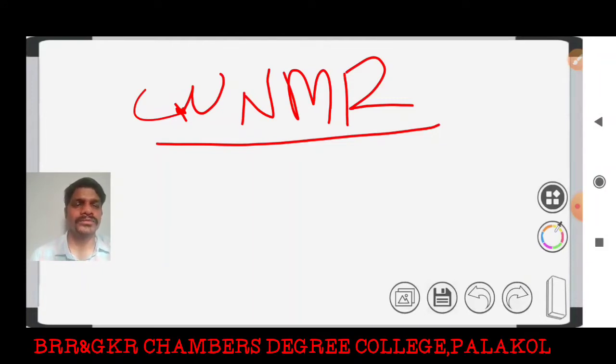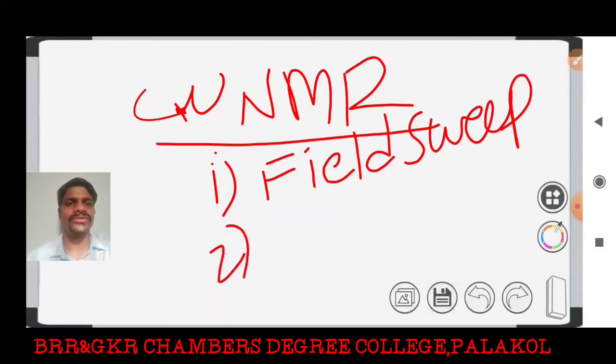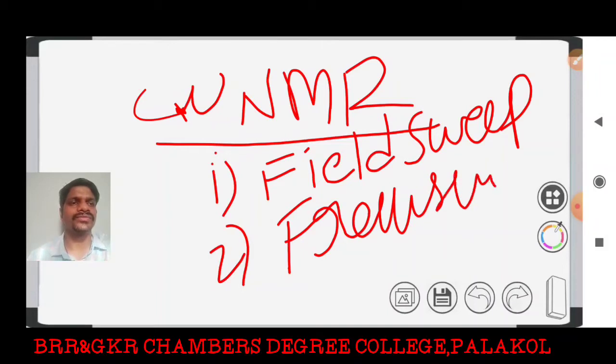How is the spectrum recorded in CW NMR? Let us discuss. Here in CW NMR we have two techniques. One is the field sweep method and the second one is the frequency sweep method.